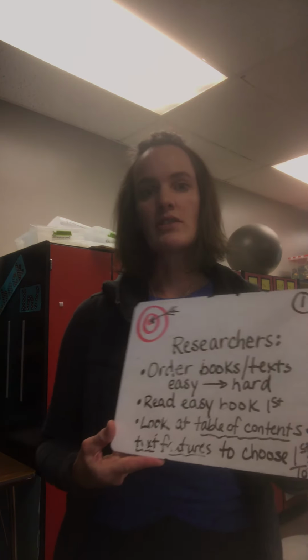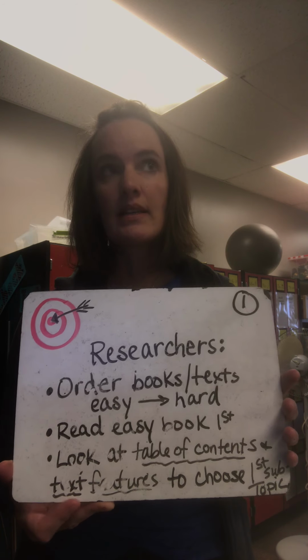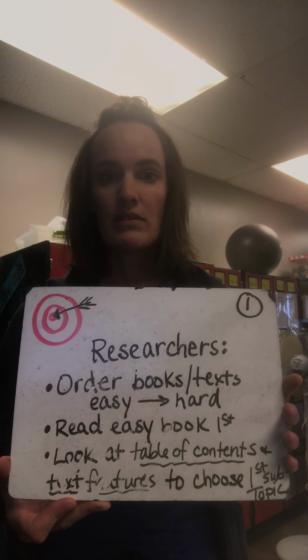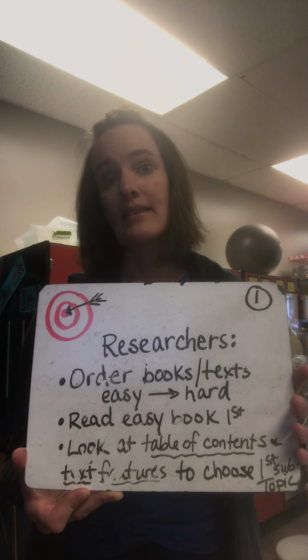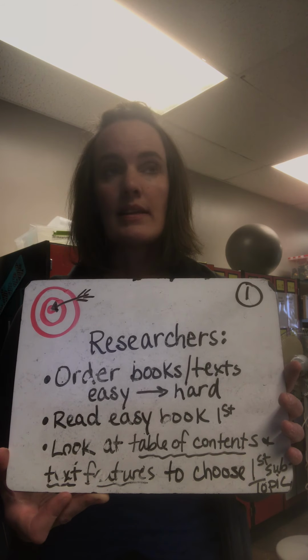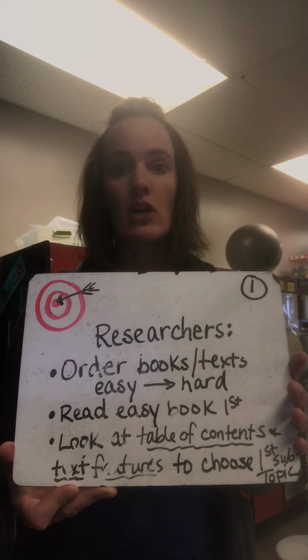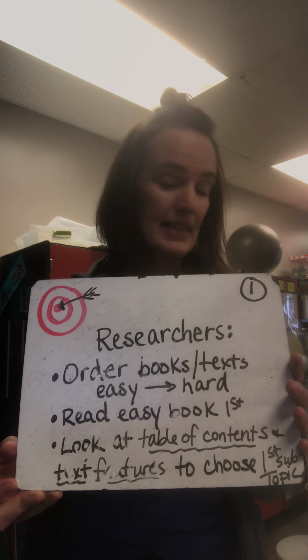Today I want to show you that researchers, the first thing they do is order their books from easiest to hardest. Now we're going to be using texts and books and online videos, etc. So as many things as you can find about your topic, snakes or penguins, you're going to order those books from easiest to hardest.